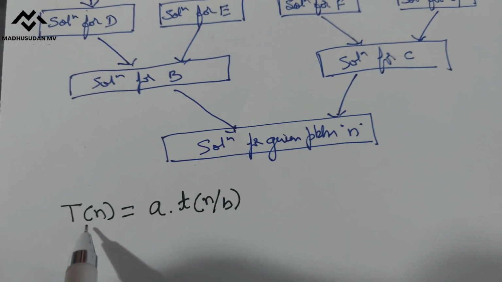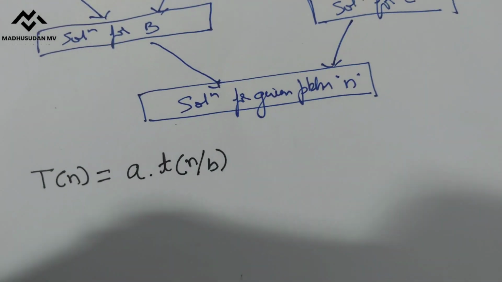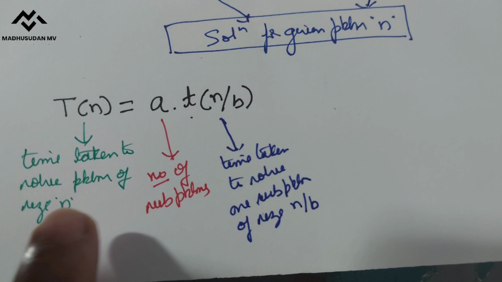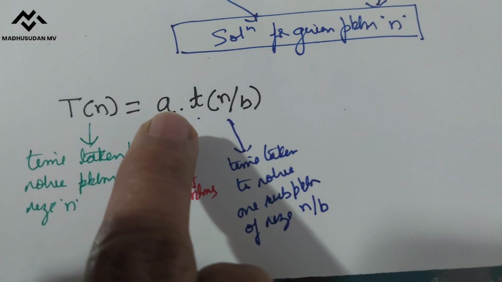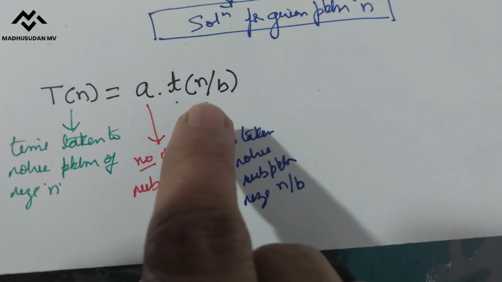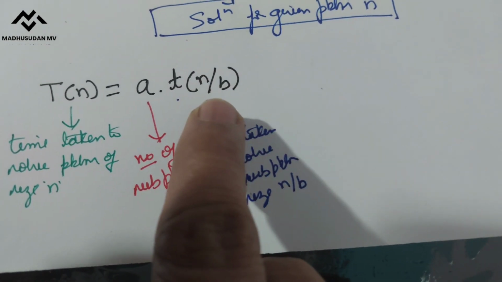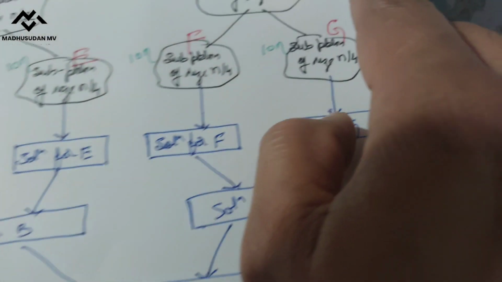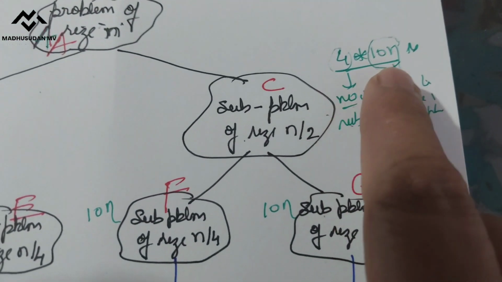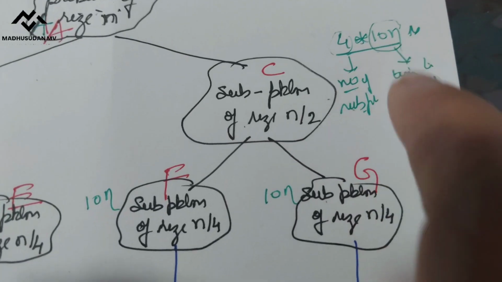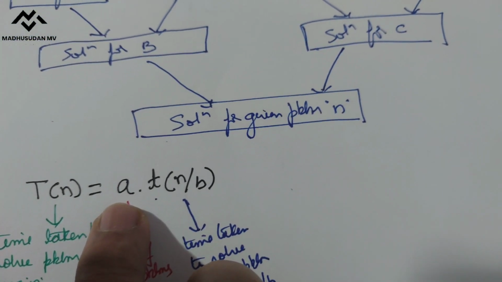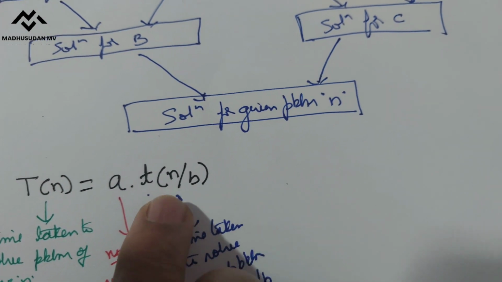So T of n, the time taken to solve the problem of size n, is equal to a, where a indicates the number of subproblems, into the time taken to solve one subproblem of size n by b. This is what we wrote here: 4 into 10 nanoseconds, where 4 is the number of subproblems and 10 nanoseconds is the time taken to solve one subproblem.